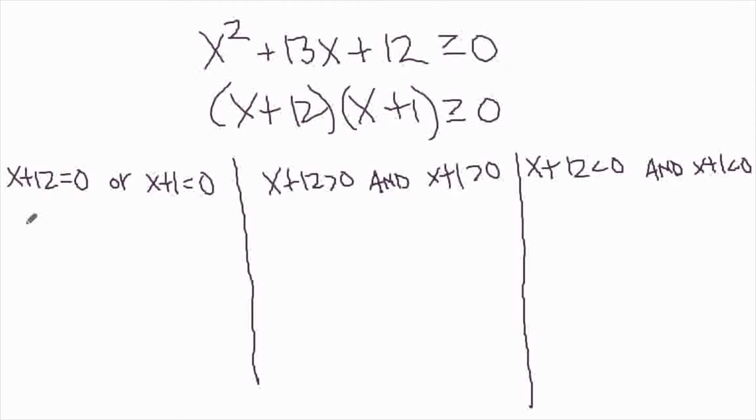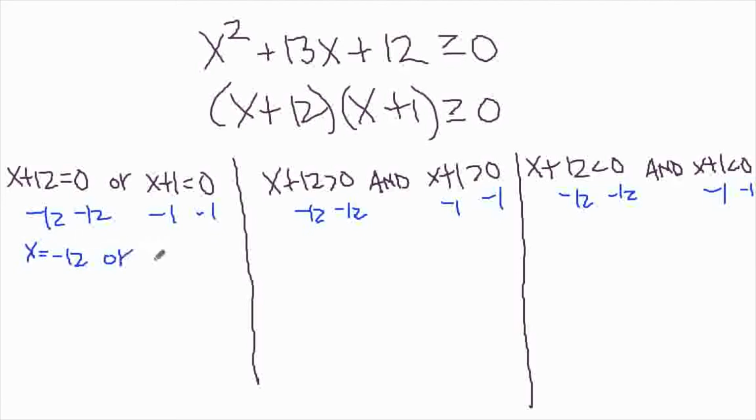So the first case, subtract 12, subtract 1 from both sides. Just for fun, I'll start each column. I don't know why I'm doing this, but probably not a good idea now that I think about it. So we get x is equal to minus 12 or x is equal to minus 1.